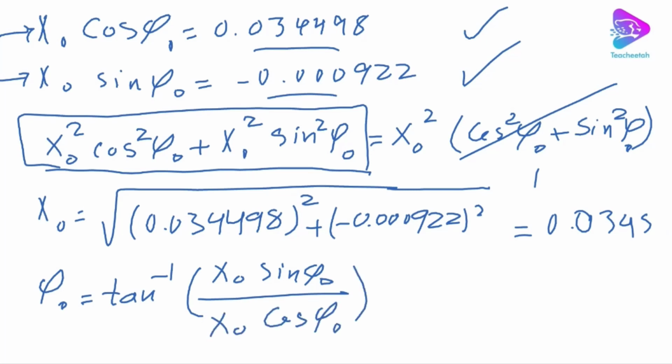We just need to divide these two values, and then we find phi naught as minus 0.0267, and this is radian. And not to forget, I'm going to use meter for this one. So we found the amplitude and the phase of the homogeneous part, and then we can plug it into our total response, the formula that we had before.